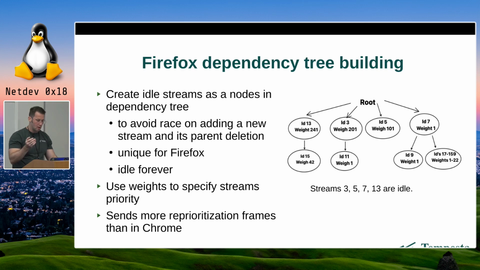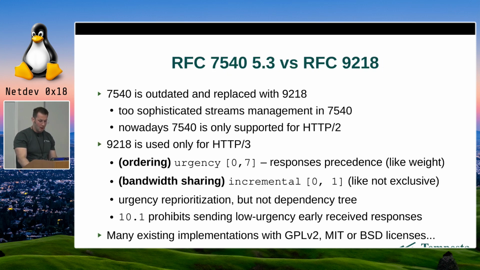For example, when a child stream changes dependency, but the parent stream is deleted, so we have a race between assigning the streams, and for this we need placeholders. However, Firefox is unique in this property. Other browsers solve this in a different manner. Yes, Firefox does a lot of reprioritization frames.